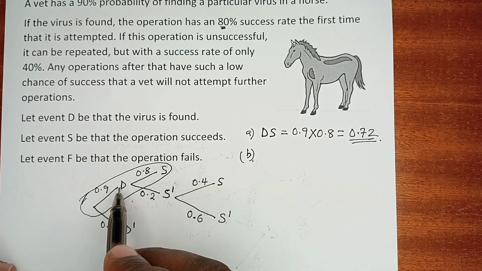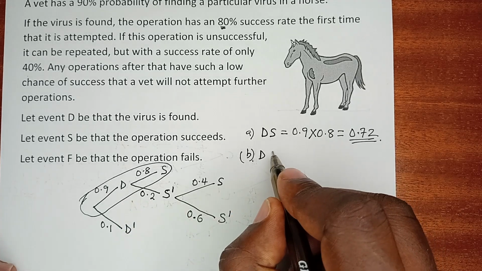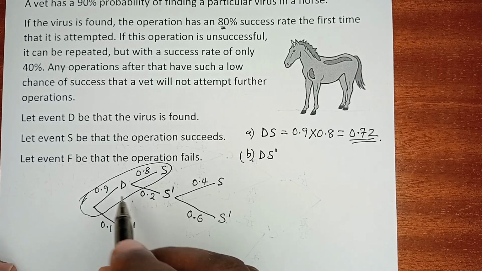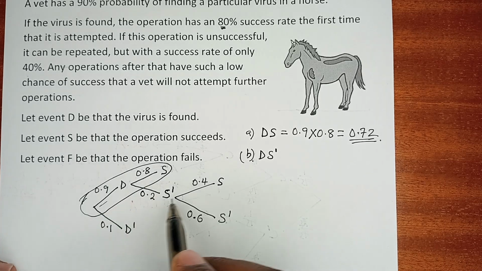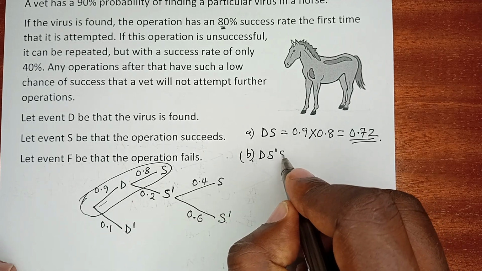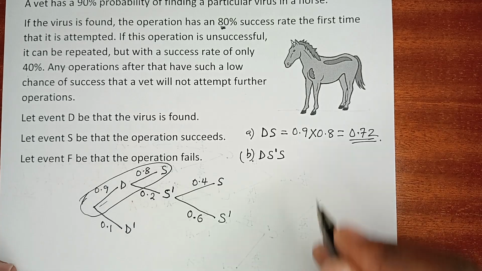First of all, again, we have to detect the virus and we have to fail the first time. That means we have to detect, fail to operate successively, and then succeed the second time. As you can see, there is this route.